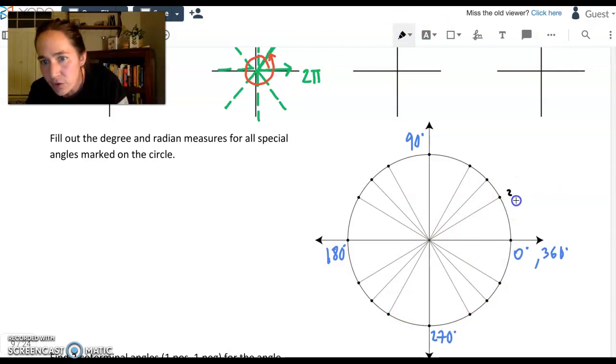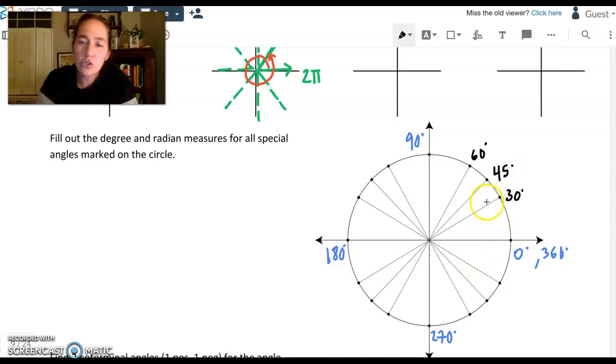So 30 degrees, if I split the 90 into thirds, you'd have 30, then 60, then 90 degrees, with right in between 0 and 90, a 45-degree special angle showing up in the middle. Could you figure out kind of like their associates, I guess you could say, in the other quadrants? So if I went, this is 30 degrees to get you to 90. If I went 30 degrees past 90, I'd be at 120, right? 90 plus 30.